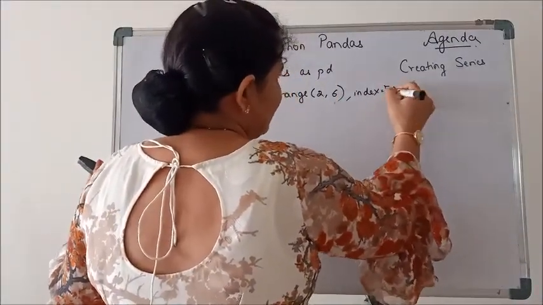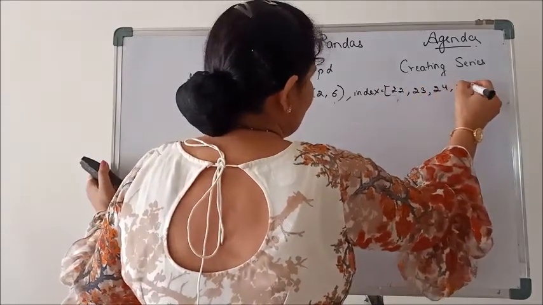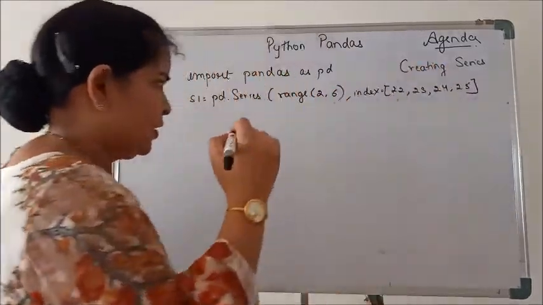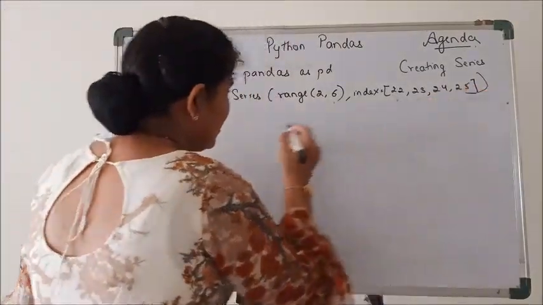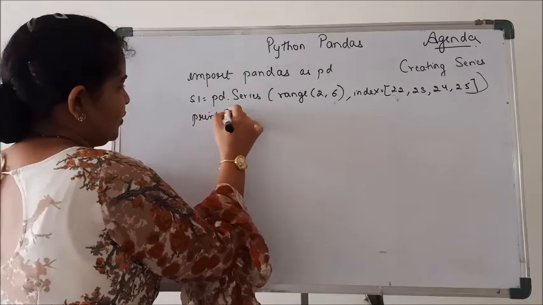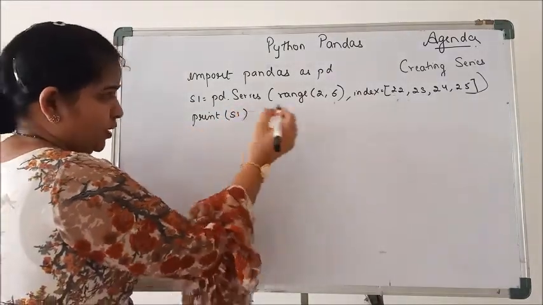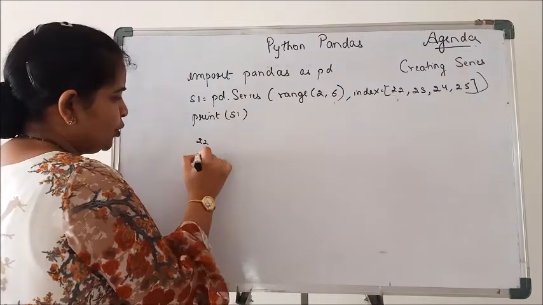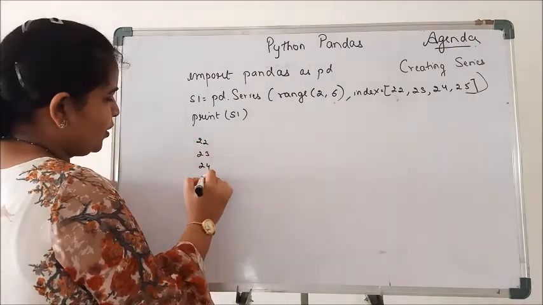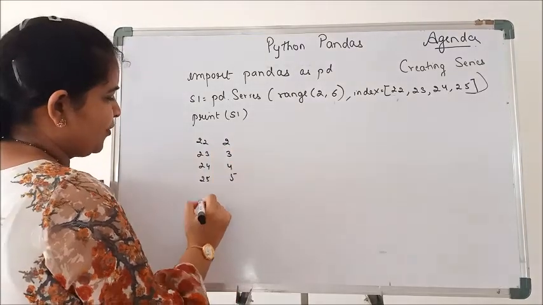suppose I am writing index 22, 23, 24, 25 and bracket close, print S1. Now what will it do? It will print the index 22, 23, 24 and 25, with values 2, 3, 4 and 5.